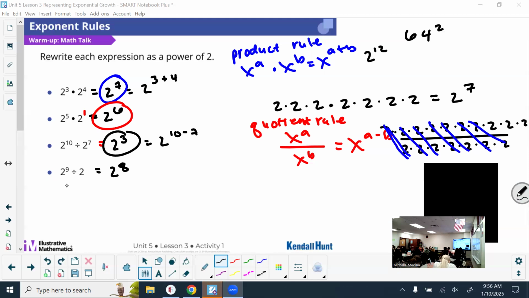So that says we can subtract the exponents. 9 minus 1 is 8. And yeah, you could type that in your calculator and get what that actual value is, and typically that's what you would do. But for this instruction, I wanted to just do it.